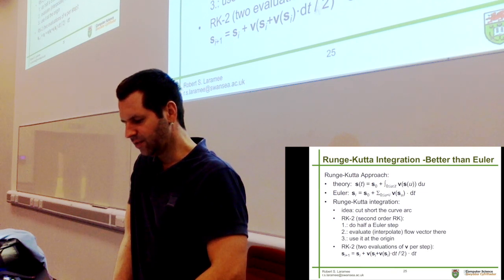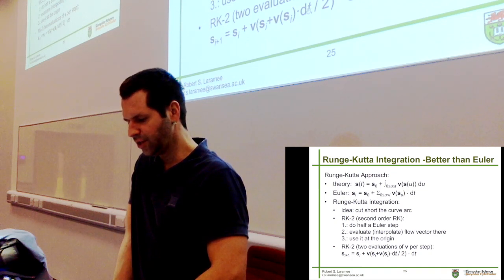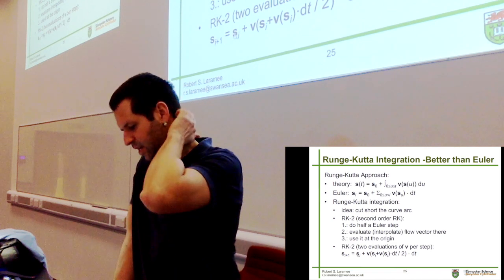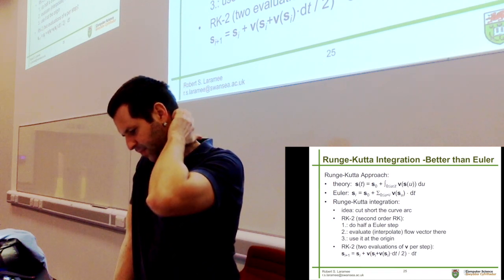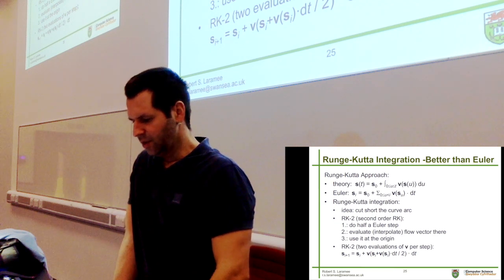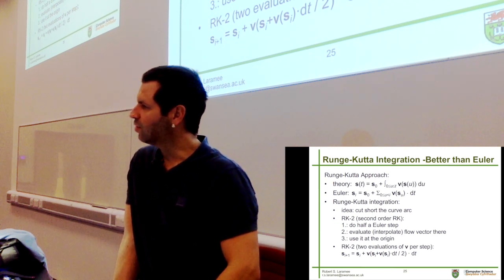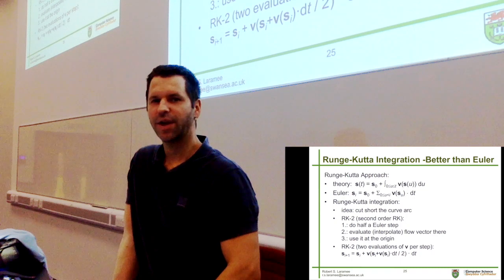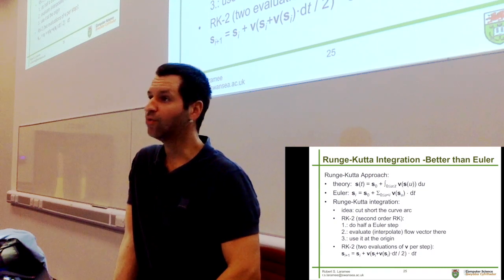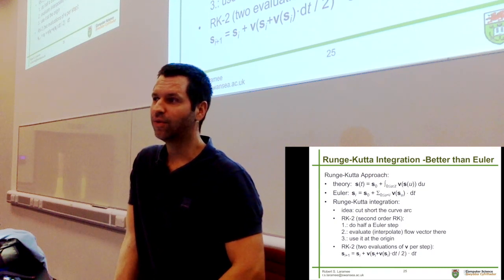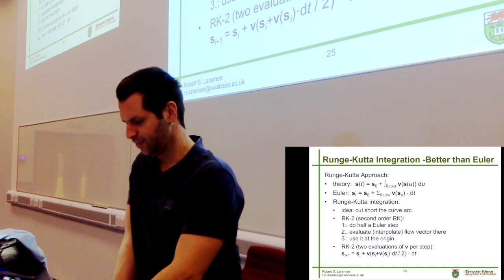That's what this division by 2 is. So do a half of an Euler step, evaluate the flow vector there, that's halfway towards the origin, and then use it at the origin. That's the origin, by the way, the SI. So it's using 2 vectors to approximate the next streamline point as opposed to 1. The Euler integrator only uses 1.